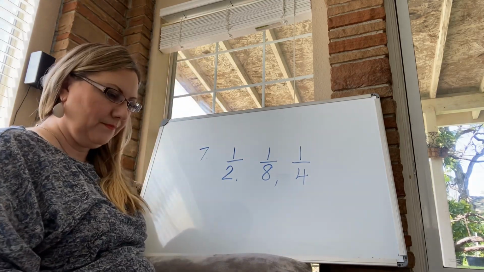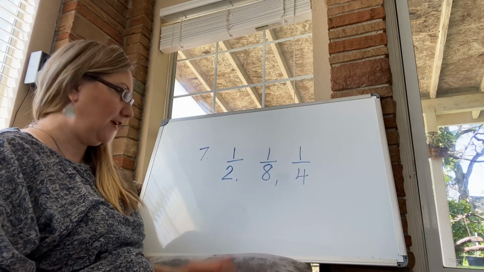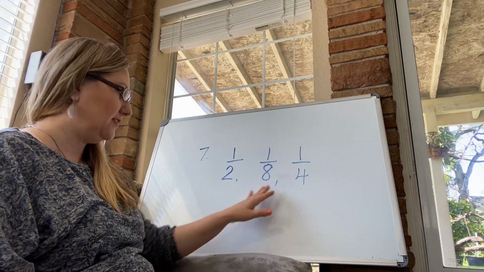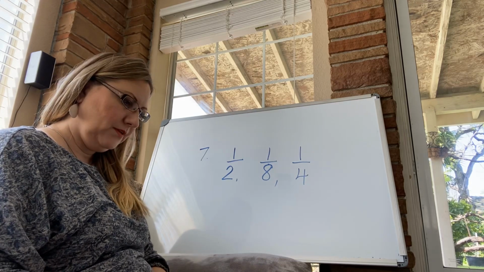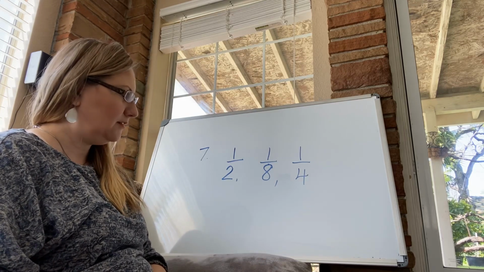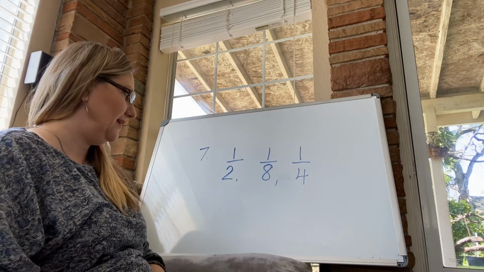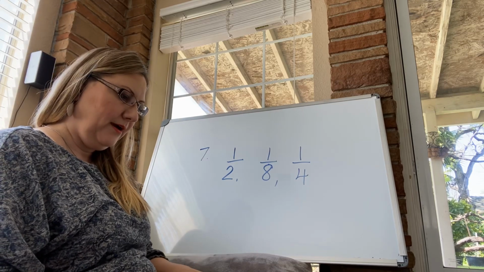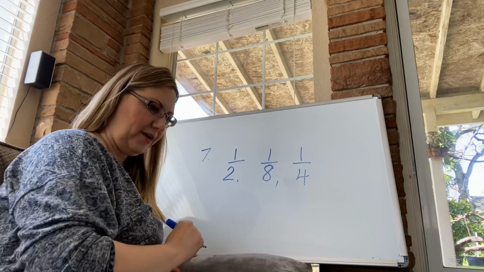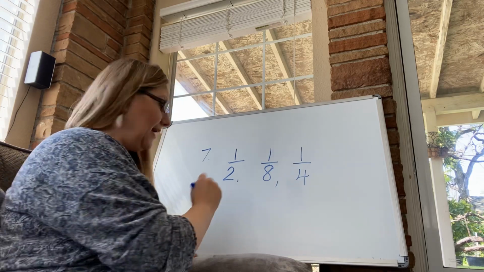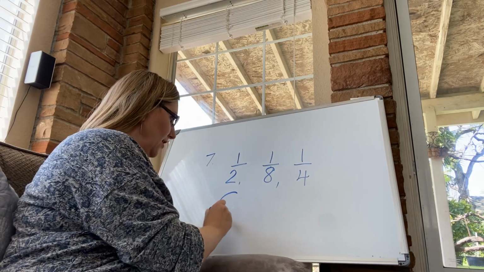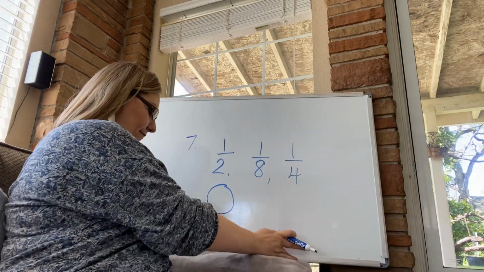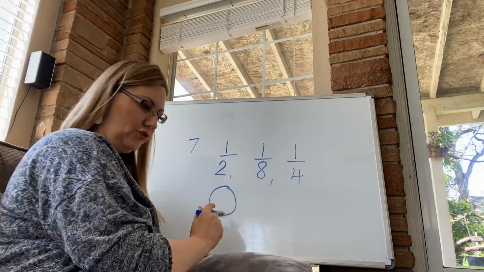So we should figure out what each of these fractions are. And then we'll figure out a little rule in just a minute that will help us remember these without necessarily drawing them every time. So first of all, this first half, let's draw what a half of a circle looks like.